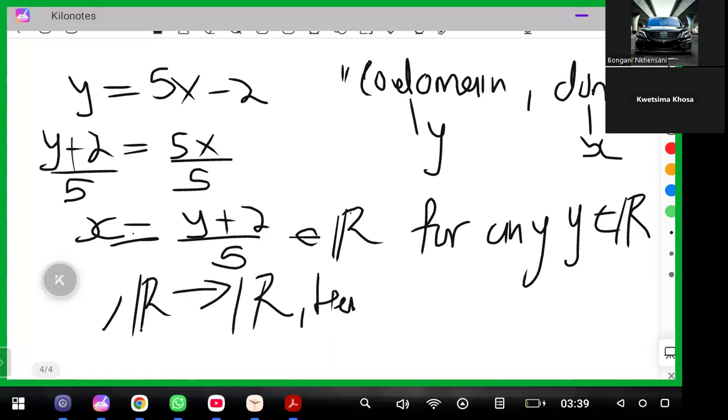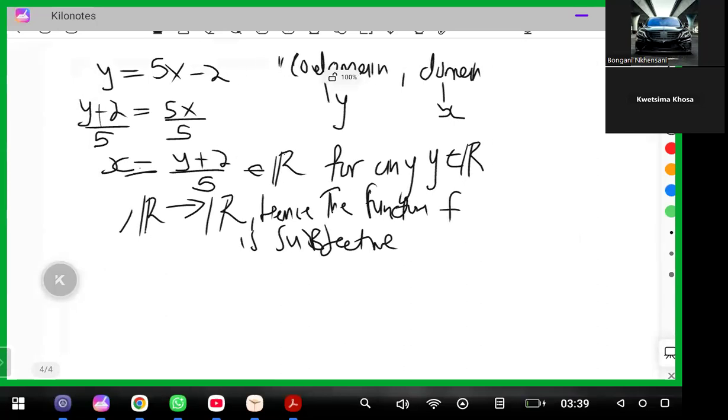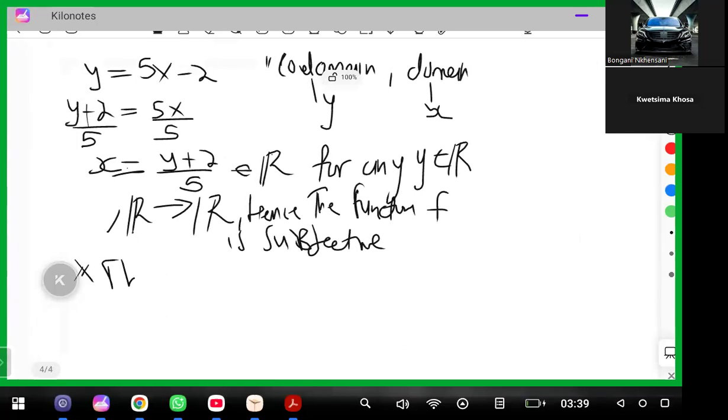Hence, we can say the function f is surjective. So we can conclude that the function f is bijective as well.